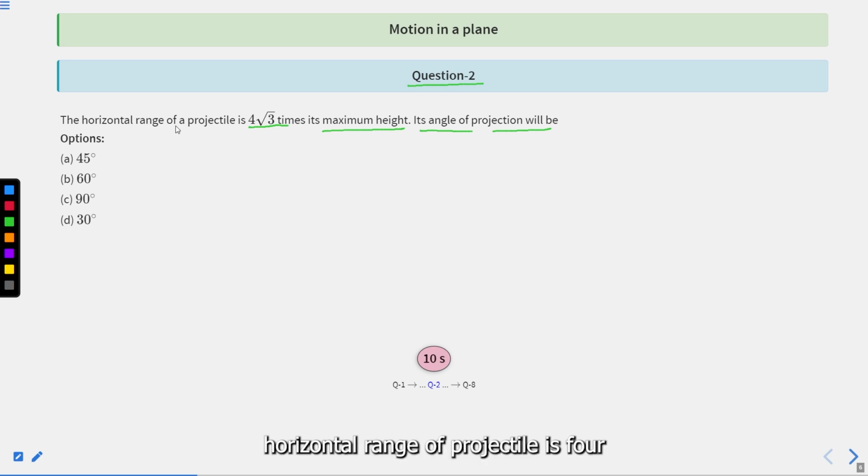The given horizontal range of the projectile is 4 root 3 times its maximum height. You have 10 seconds to solve this question. After it, we will provide the solution. Clear? Which option is correct? A 45 degree, B 60 degree, C 90 degree and D 30 degree.